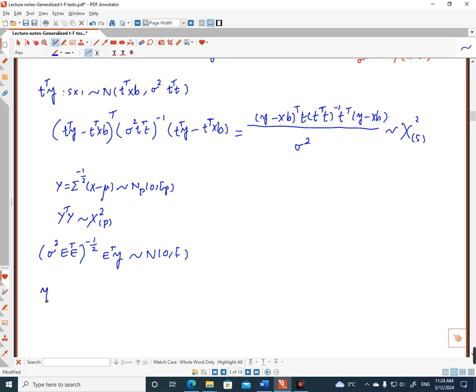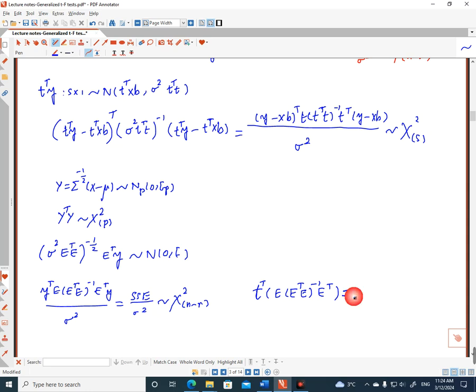If I do this, I will get the previous result, and it is nothing other than SSE divided by sigma square, which has a chi-square distribution with n minus r degrees of freedom. However, if you consider t prime e prime e inverse e prime, it is equal to 0.